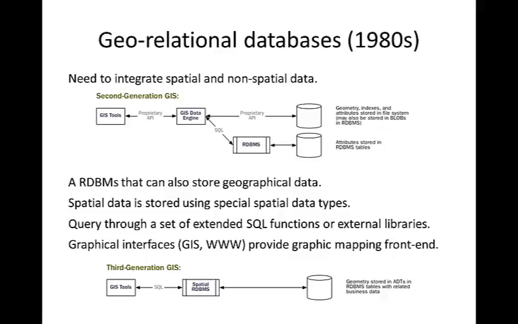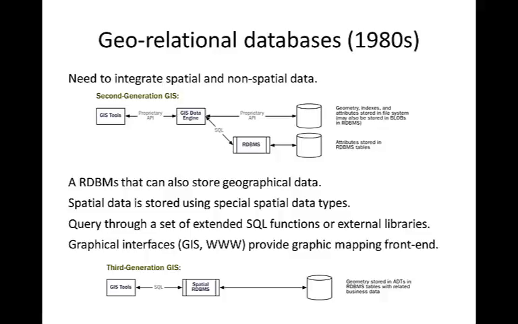So in the mid-80s, basically, they started connecting your traditional relational databases through SQL links, standard Structured Query Language, to integrate with your spatial data. So you still had this standalone GIS system, but now at least you could grab some data out of a corporate relational database which was non-spatial and link it in.